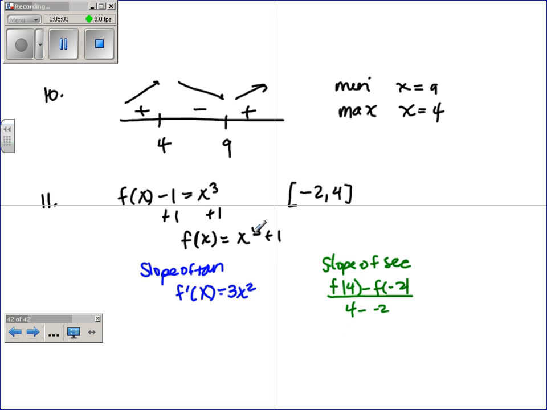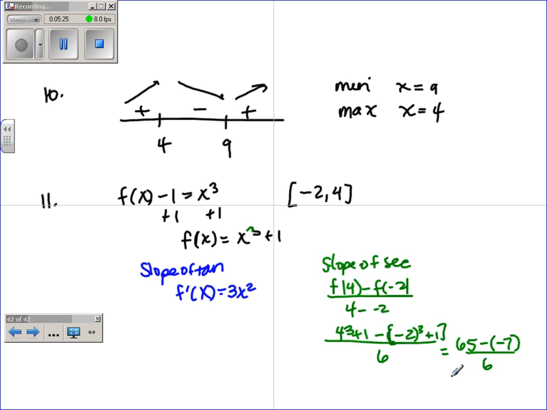So plug in the 4 in here. So we'd have 4 cubed plus 1 minus negative 2 cubed plus 1. Put that in parentheses. Over 4 minus negative 2, which is 6. So we have 64 plus 1, which is 65, minus negative 8 plus 1, which gives us negative 7, over 6.